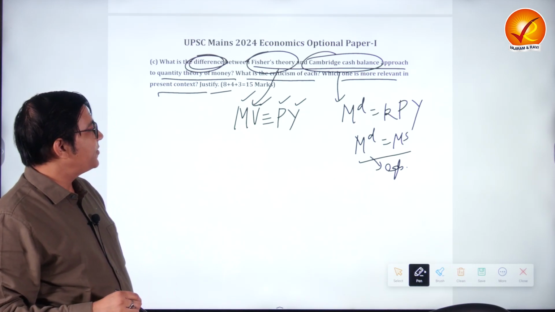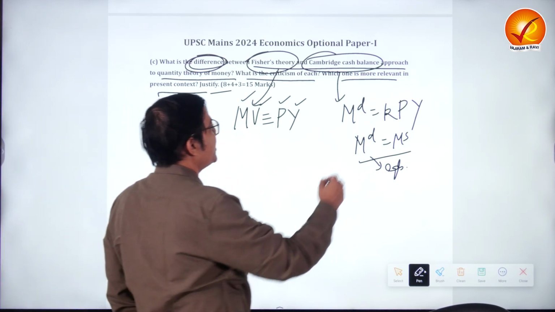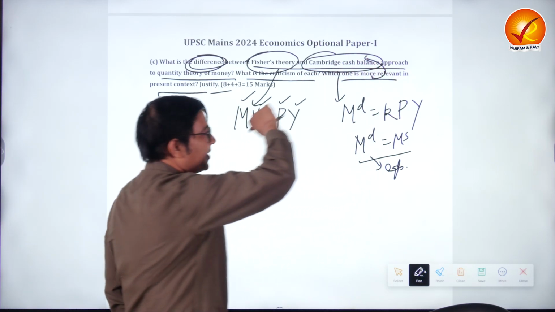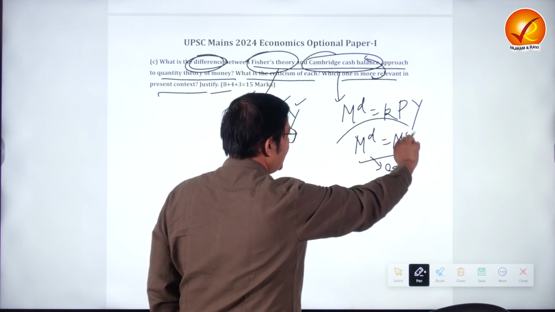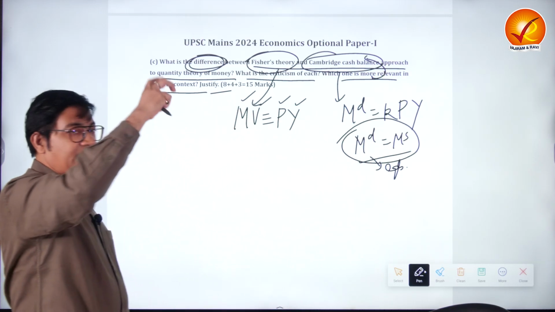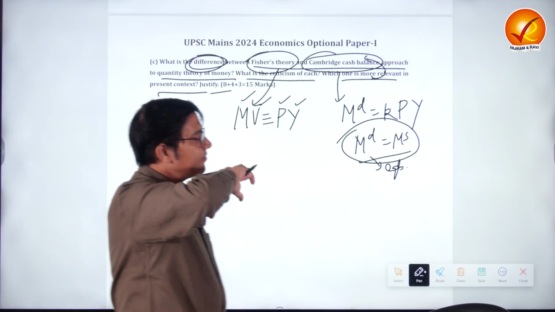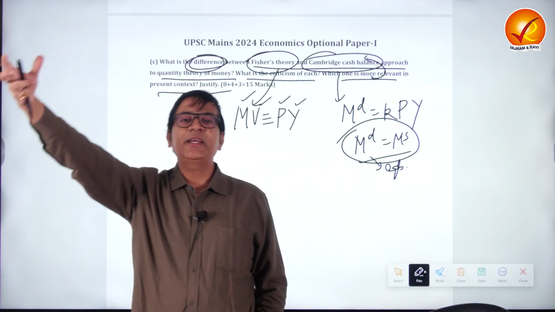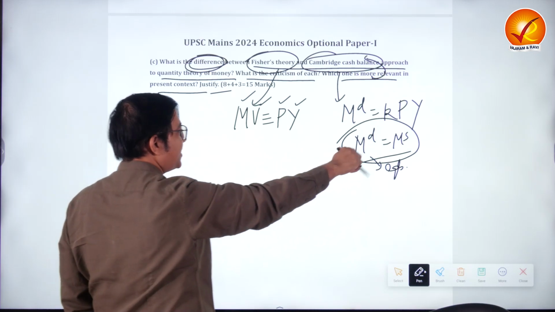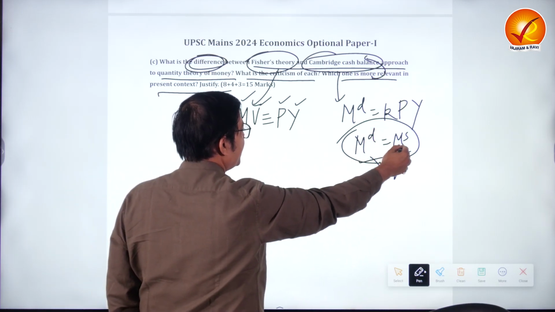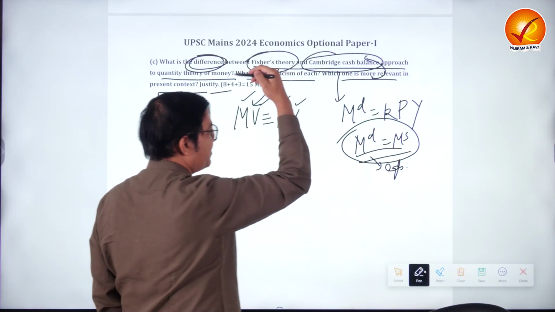If you are asked which one is more relevant in the present context, I would say it is the Cambridge cash balance, in the sense that having money demand and money supply separately and then equating them gives us a more logical way of finding why money supply leads to higher inflation. You can illustrate through an example: suppose MD equals MS and then MS goes up.